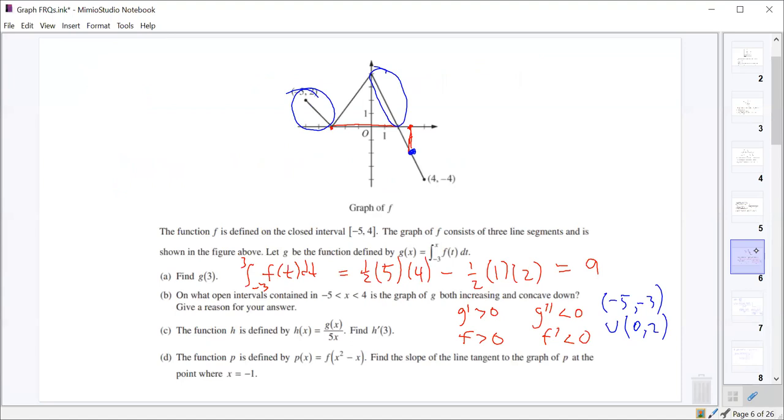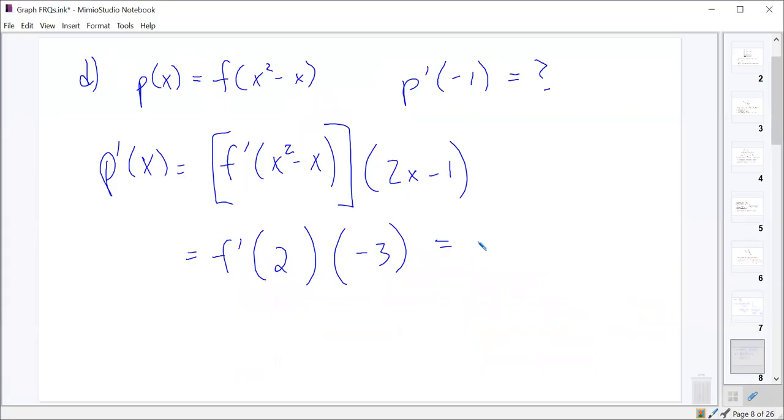So figure out what f prime of 2 is. We'll have to go back to the graph. F prime of 2 is the slope of this at 2. What's the slope of this at 2? -2. So this becomes -2 times -3. Any questions on that? Everybody good with that?